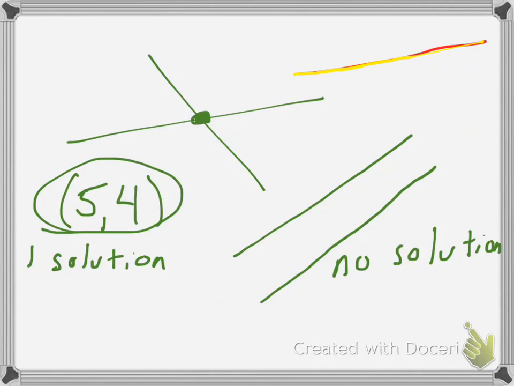What we would say there is we'd have infinitely many solutions. There's a bunch of them, because they're all sharing the same points. So these are the different types of solutions that you could see in a system of equations.